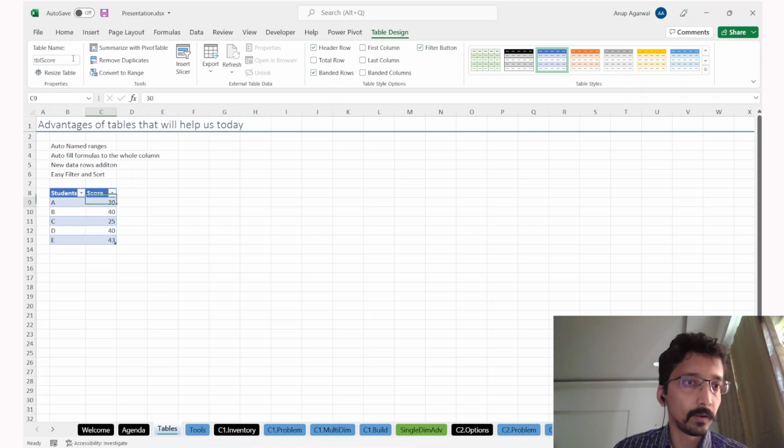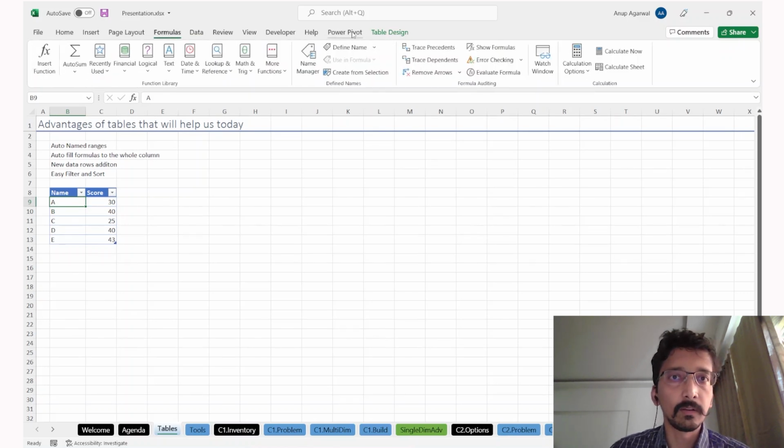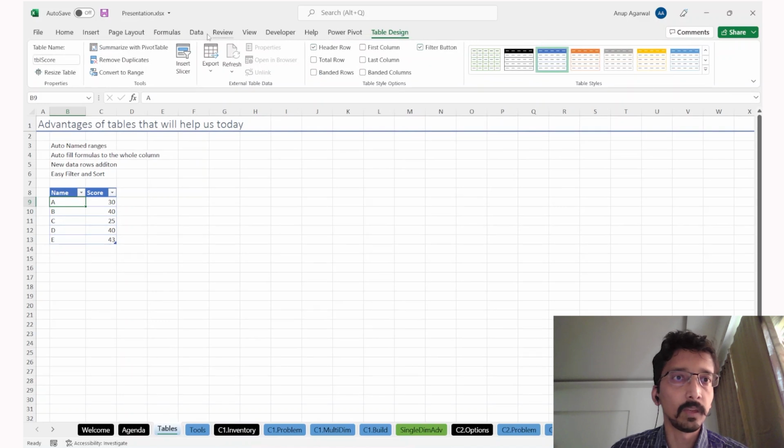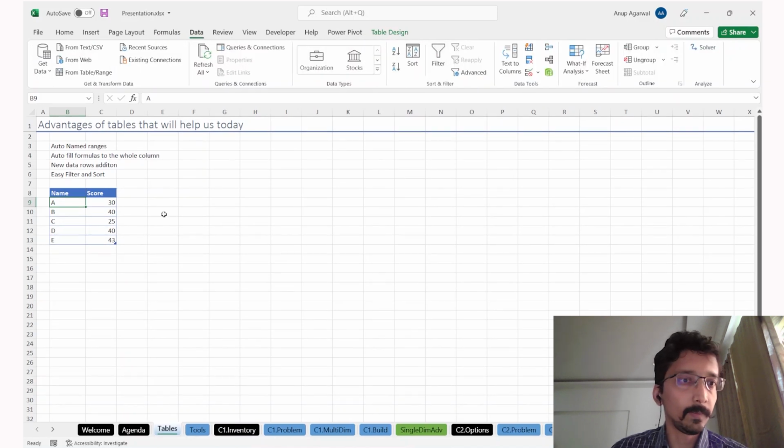Okay, let's call this tblScore. One obvious advantage is tables can very easily make your data look better. But we are interested more in some functional advantages, which I have listed here, and we will talk about them.